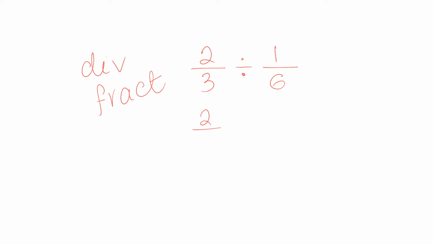So we say 2/3, we switch this to multiplication and flip our second fraction upside down. And then we're right back to multiplying. So 2 times 6 is 12, 3 times 1 is 3, 12 divided by 3 is 4. So we're going to apply that to rational functions. We're going to take our second fraction, flip it upside down, and multiply it.